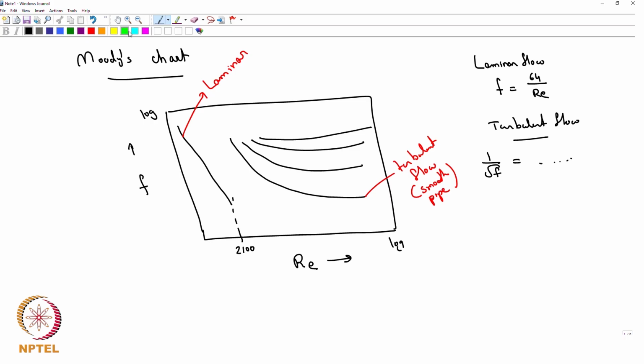So you go up in this direction, this is increasing the roughness. Each of those curves would correspond to a particular value of epsilon by d.